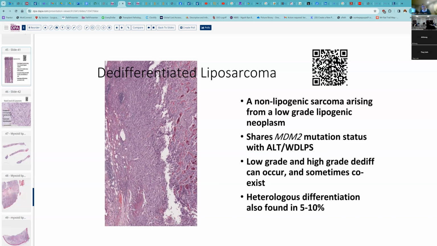So could you help me to show what is the most typical characteristic to distinguish liposarcoma and lipoblastoma?